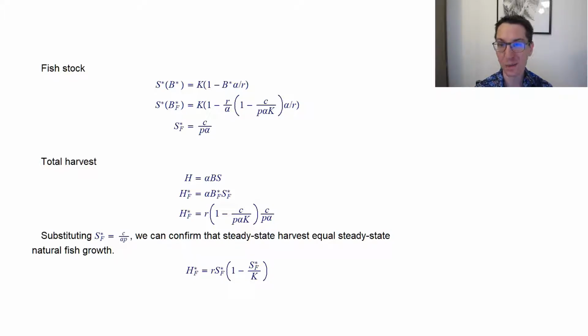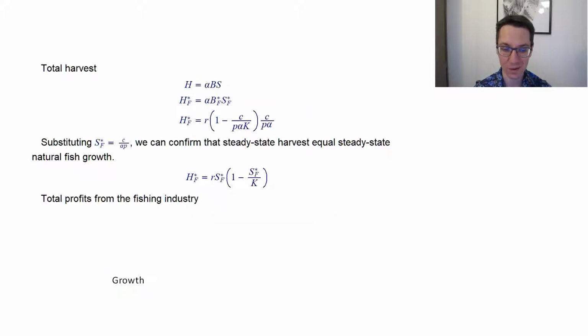So what's going to happen to the total profits of the firms in the industry? Well, it's just going to be zero. So I can write, it's going to be the total number of fishing boats, B star F, multiplied by the profit of one boat.